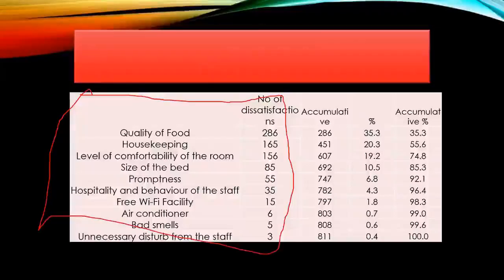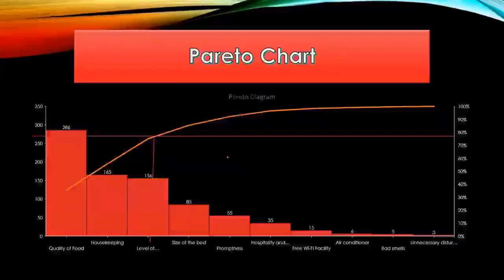According to the descending order, here also we are going to present our bars from the highest bar to the lowest bar, right? First one is quality of foods. According to the information, 286 of them are dissatisfied with that service given by the hotel.